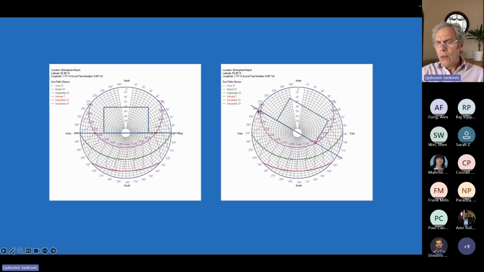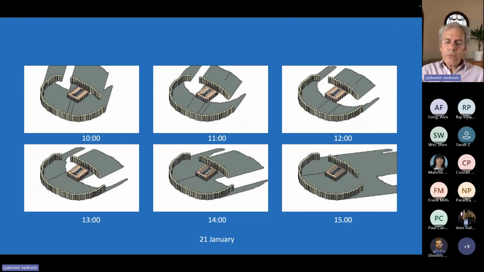We can change the direction, change the orientation of the building, and again get similar kind of information. And with that information, we can then run scenarios of testing the shading, testing the shelter planting for a particular day or a particular time of the year.